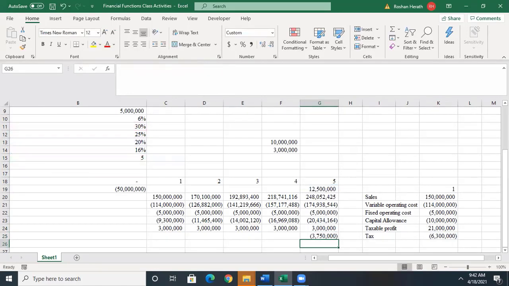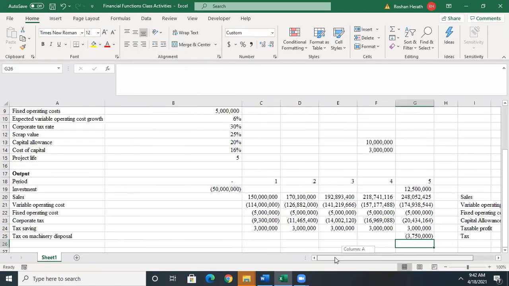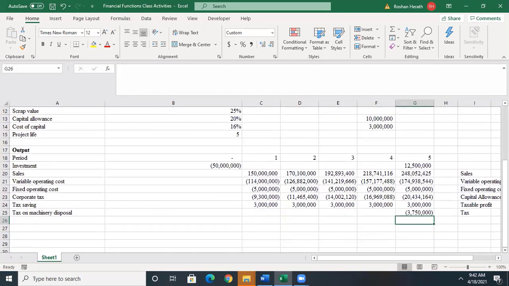Yeah. Right. So that's how we have arrived at tax on machinery disposal. But if anything you are not comfortable, so do let me know. Then I can further explain. මේක පැහැදිලි නැත්නම් මට පුළුවන් ඒක ආපහු සැරයක් පැහැදිලි කරන්න.